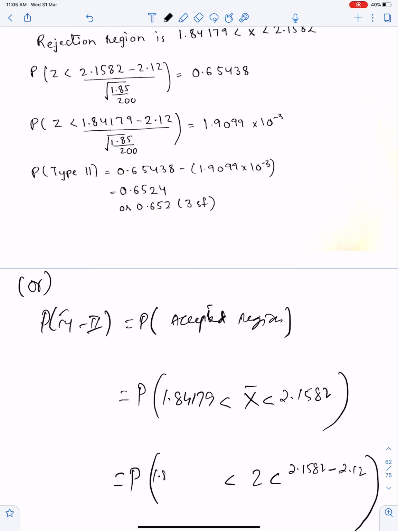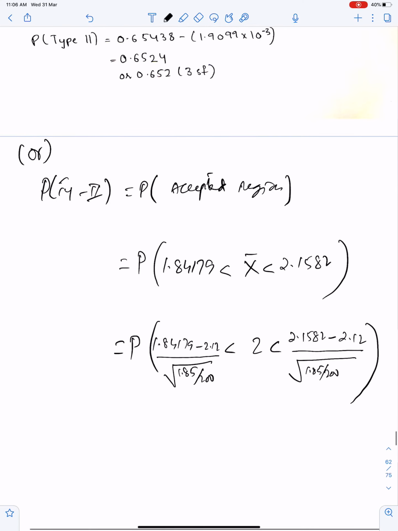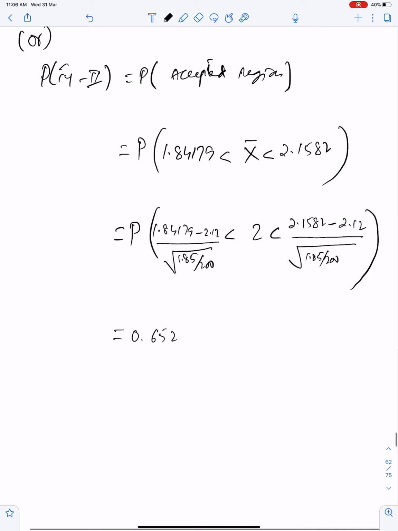This is 1.84179 minus 2.12, divided by 1.85 divided by root 200. So this answer will be 0.652. So this is the easiest way. Probability of the accepted region.